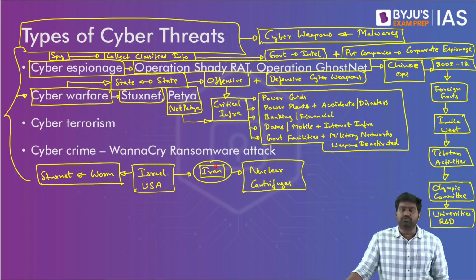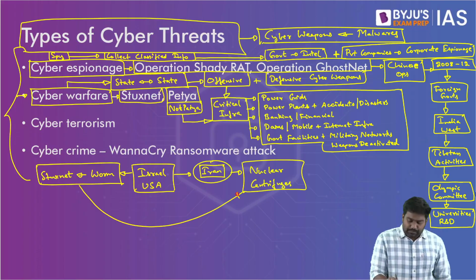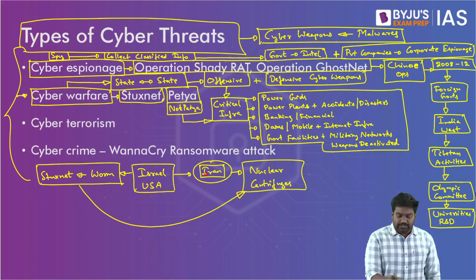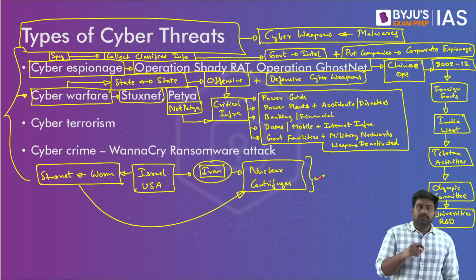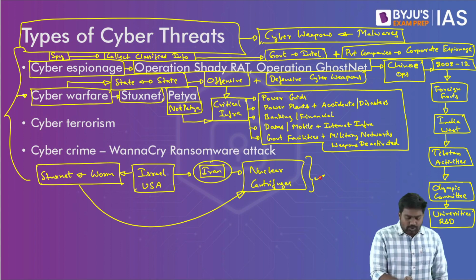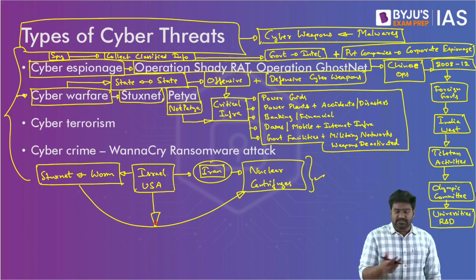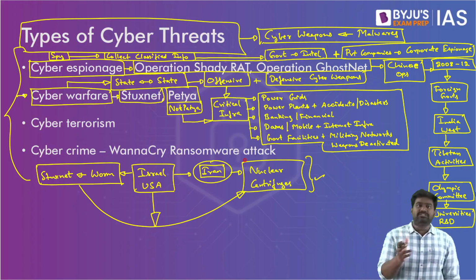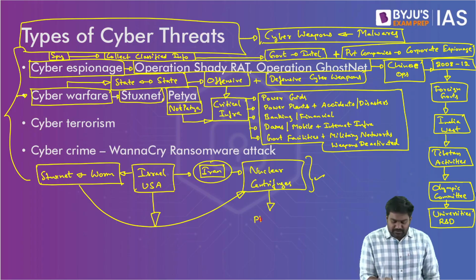They developed one of the most sophisticated computer worms, one of the most sophisticated malwares called Stuxnet, which was implanted onto Iranian computers that were connected with nuclear centrifuge plants. So these attackers got control over the centrifuge. They got complete control over the systems that control the centrifuge, and they caused it to spin out of control. By manipulating the operation of the centrifuge, they led to the physical destruction of the centrifuges.